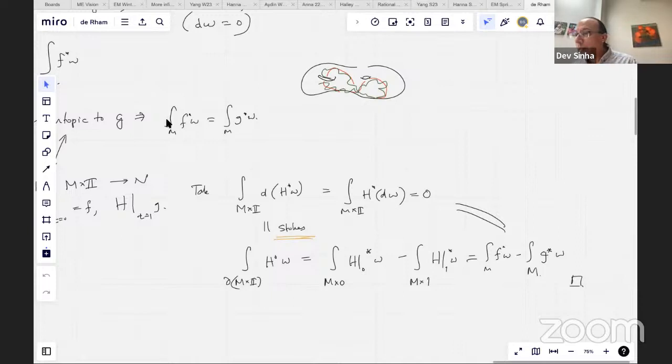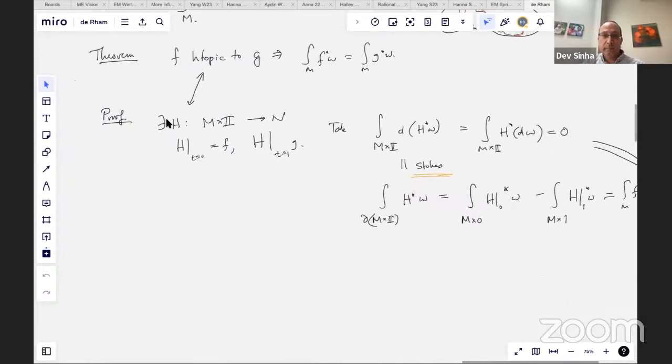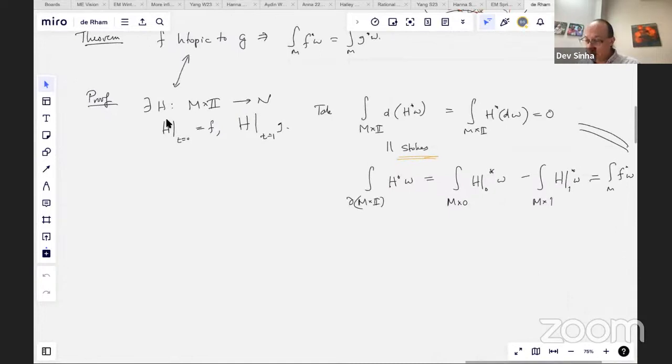Okay. Similarly, suppose omega equals d tau, then the integral over M of F upper star omega will be zero itself.